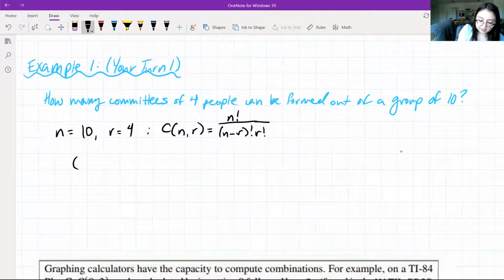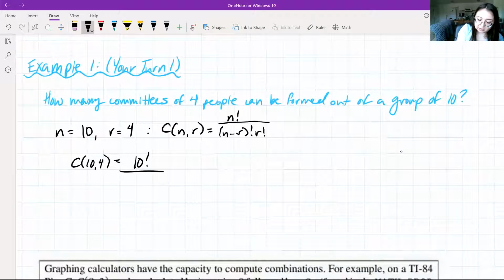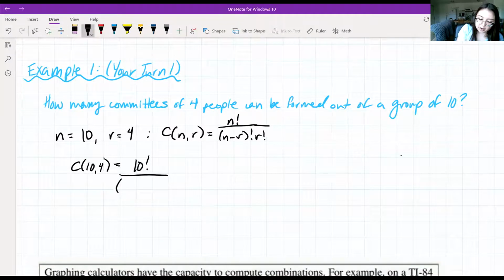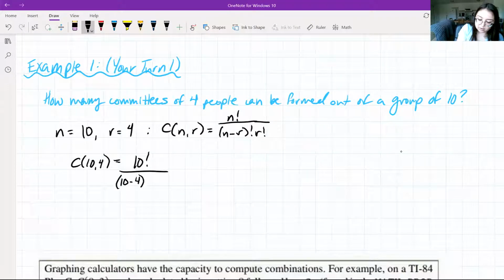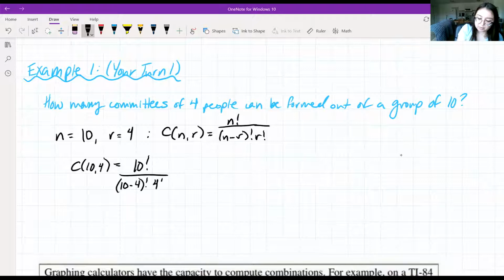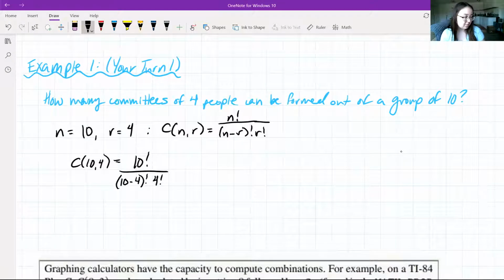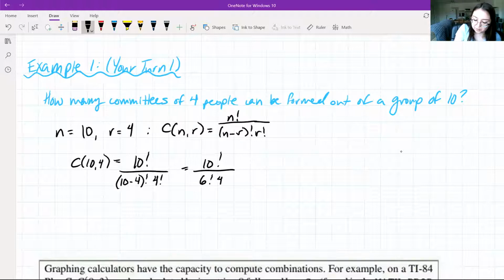So this means that C of 10 comma 4 is equal to 10 factorial divided by 10 minus 4 factorial times 4 factorial. And that's how we're going to write this out. And now we can simplify a little bit and we end up getting 10 factorial divided by 6 factorial times 4 factorial.